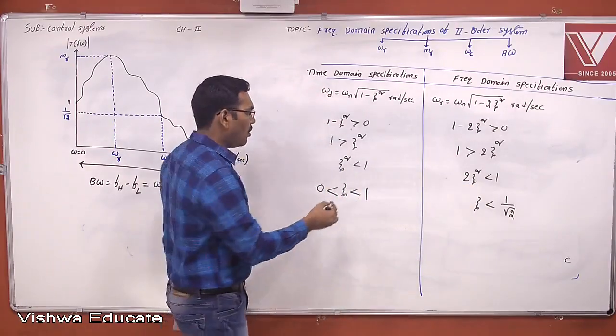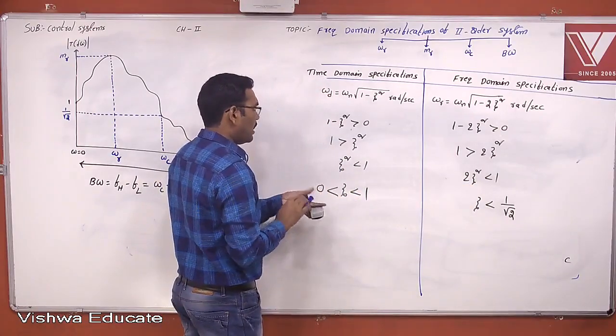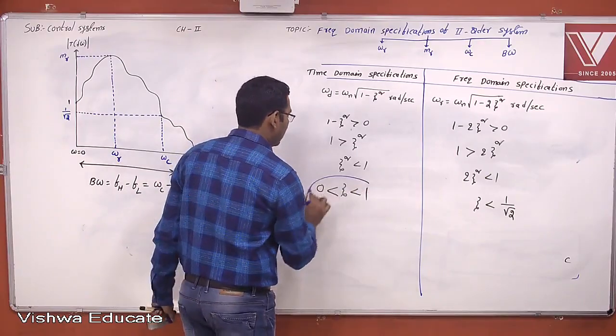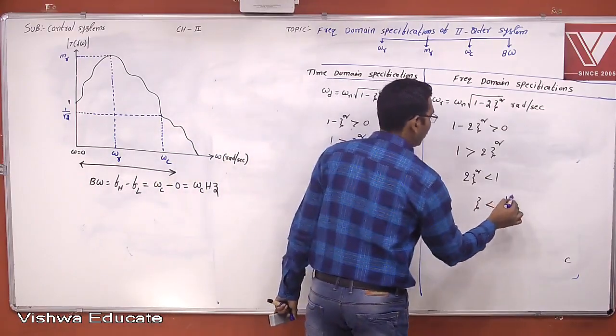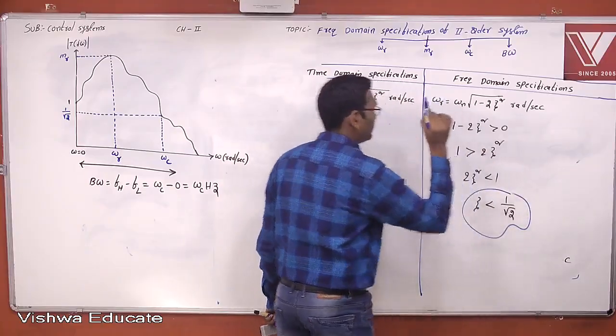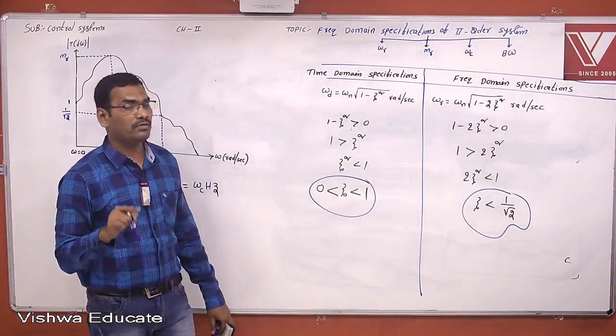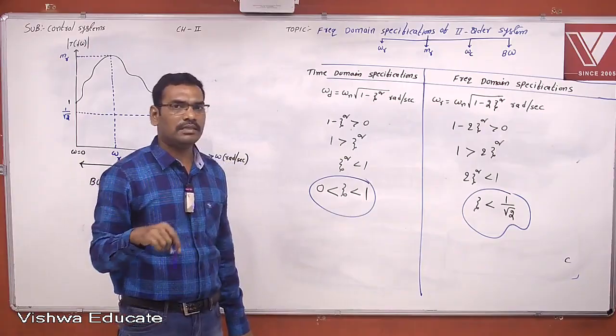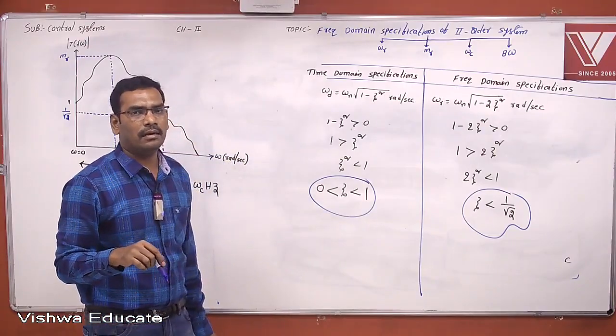Understand or not? All the time domain specifications are valid when zeta is less than 1. All the frequency domain specifications are valid when zeta is less than 1 by root 2. This was one important question, and a number of times this was asked in previous competitive examinations.